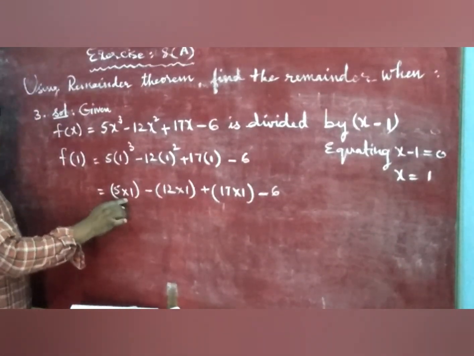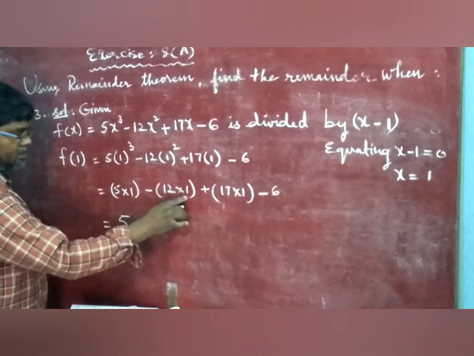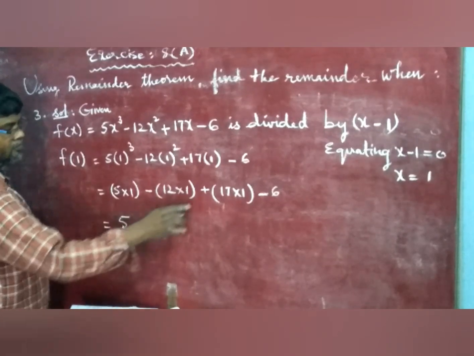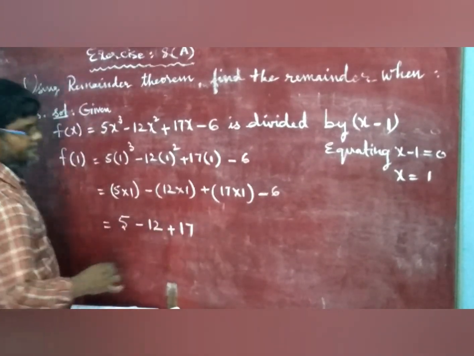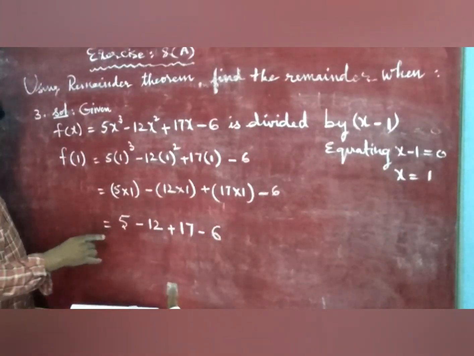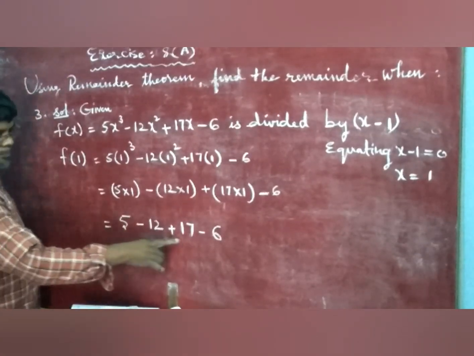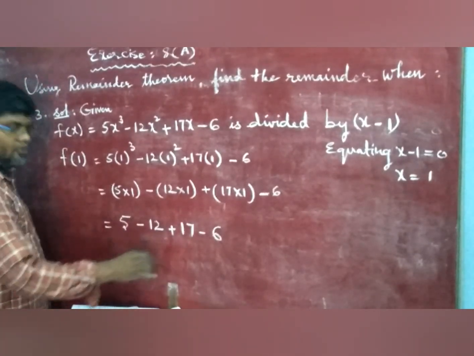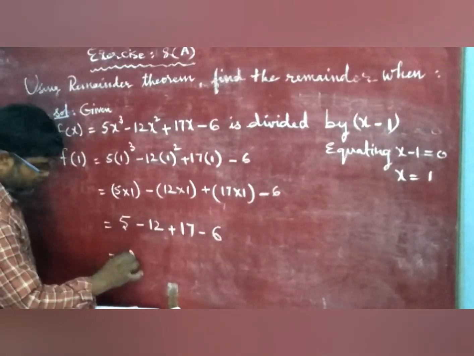Now 5 1 is 5, minus 12 1 is 12, plus 17 1 is 17, minus 6. Now add positive. 5 plus 17, how much? 22.